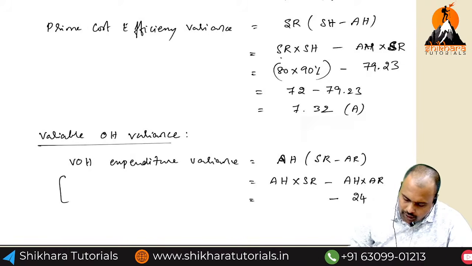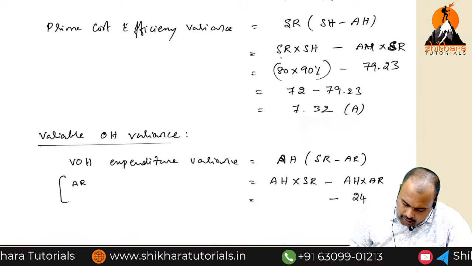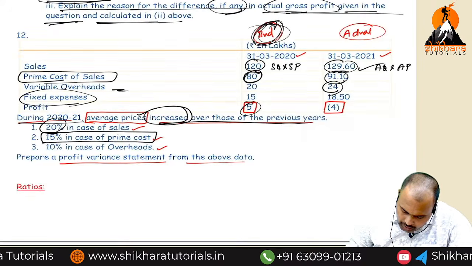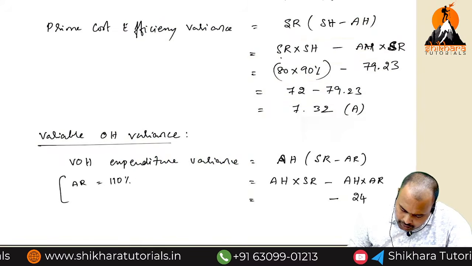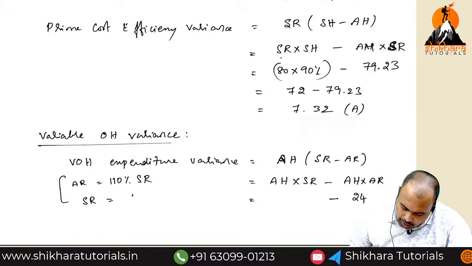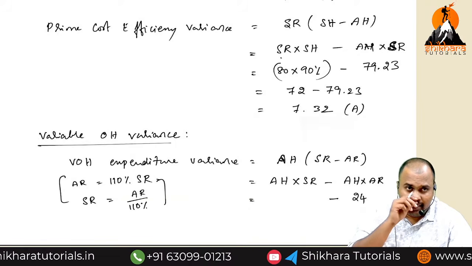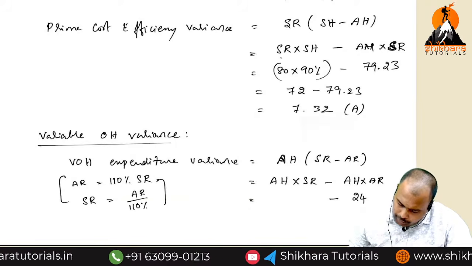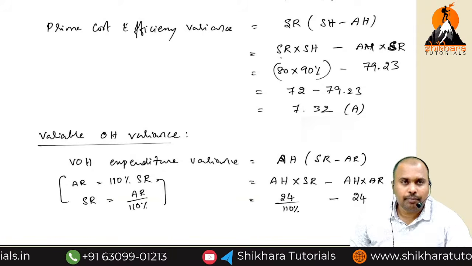But one thing I know, AR is equal to 110% of SR, since it is a 10% increase. That implies SR is equal to AR divided by 110%. Clear? So that's nothing but 24 divided by 110%.